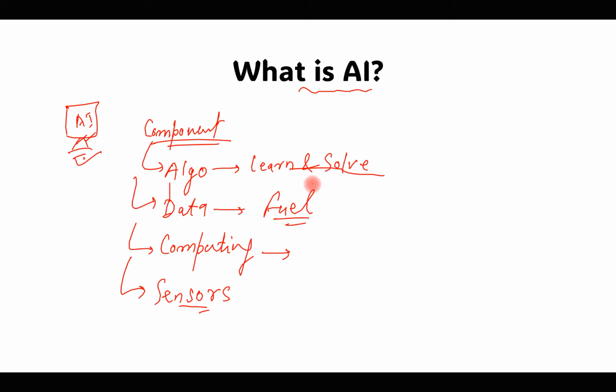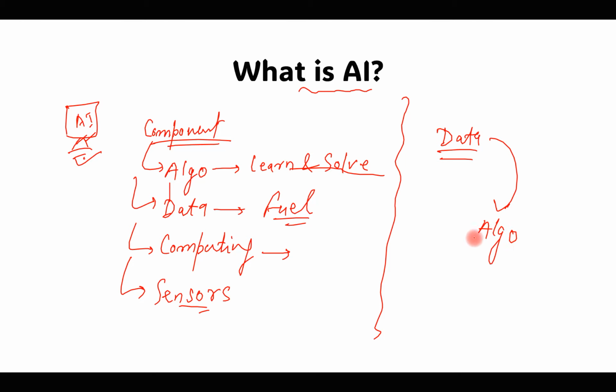If we put all these things together: first, the data is collected. Based on this data, the algorithm processes the data. Then, based on this, the AI system makes the decision.